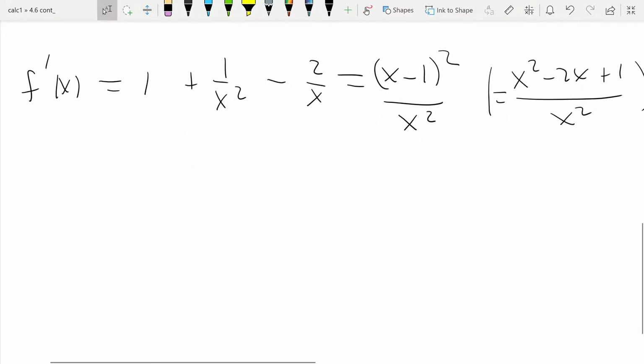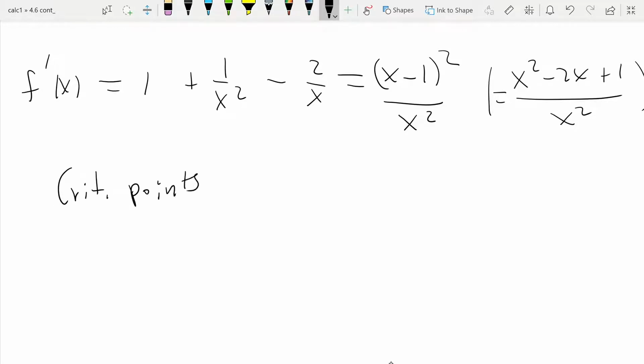So f prime will again be equal to 0 when x is equal to 1, and only when x is equal to 1. If we're looking for critical points, we need to set f prime equal to 0.